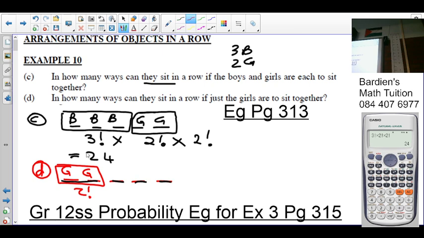So I multiply it by 4 factorial. So it becomes 2 factorial times 4 factorial, which should give you the same answer as B. Which is 48. Okay.